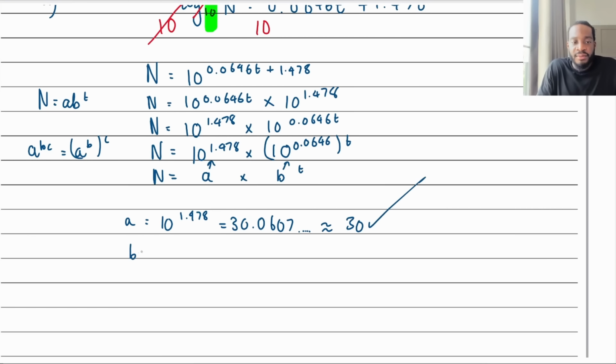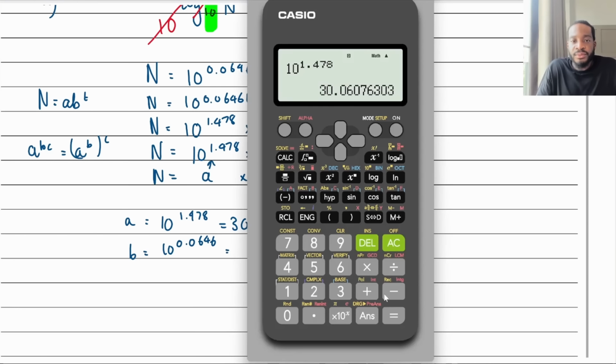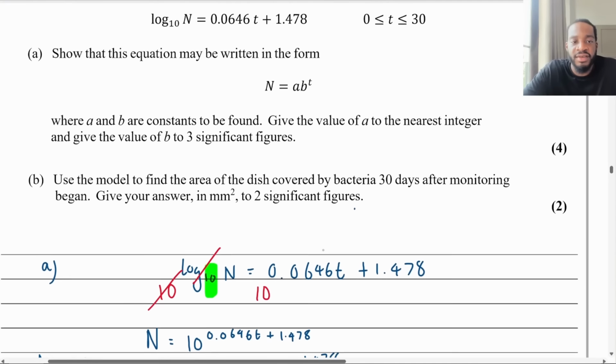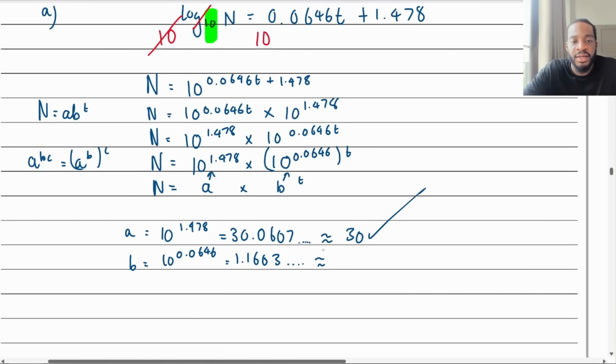And then for b, which is quite clearly 10 to the power of 0.0646, this is going to equal 1.1603. They wanted that to 3 significant figures, so b is going to be 1.16.